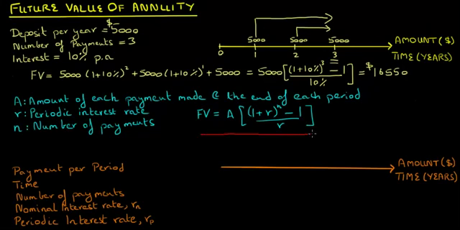This formula can be used to calculate the future value of an annuity that makes fixed periodic payments, where the value of each payment is A and the first payment begins at the end of the first period.